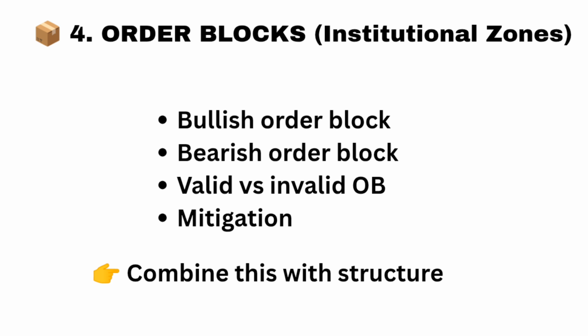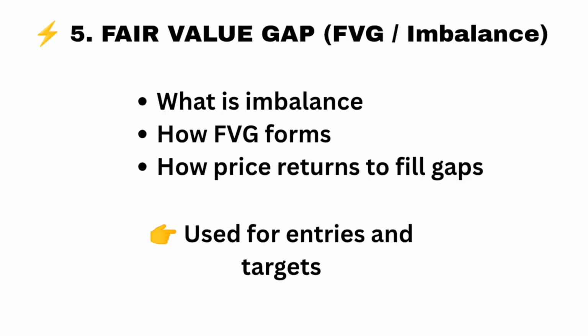So we'll be talking about FVG on the fifth day. FVG is fair value gap. Some people also call it imbalance. We're going to teach everything about it, what imbalance is and how FVG forms. Some of you don't even know how it forms, but I'm going to teach it in this video. We're also going to teach how price returns to fill up the gap.